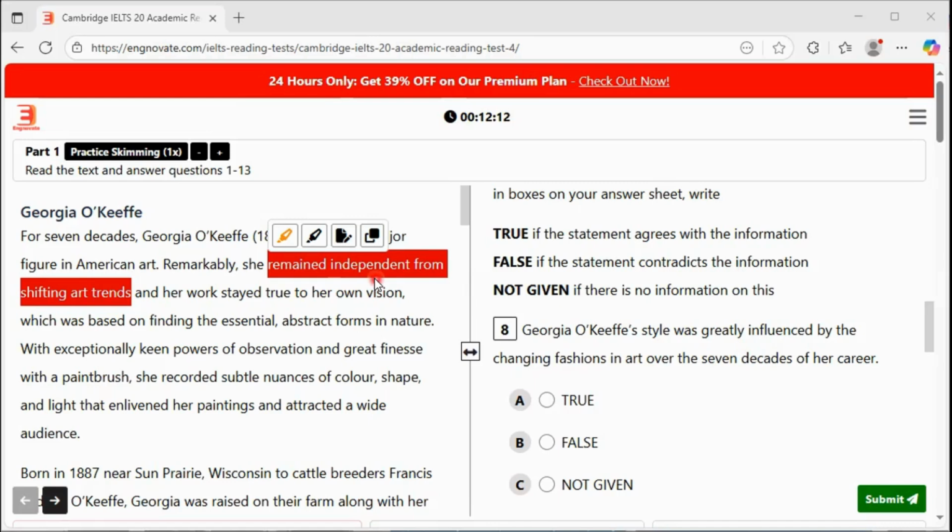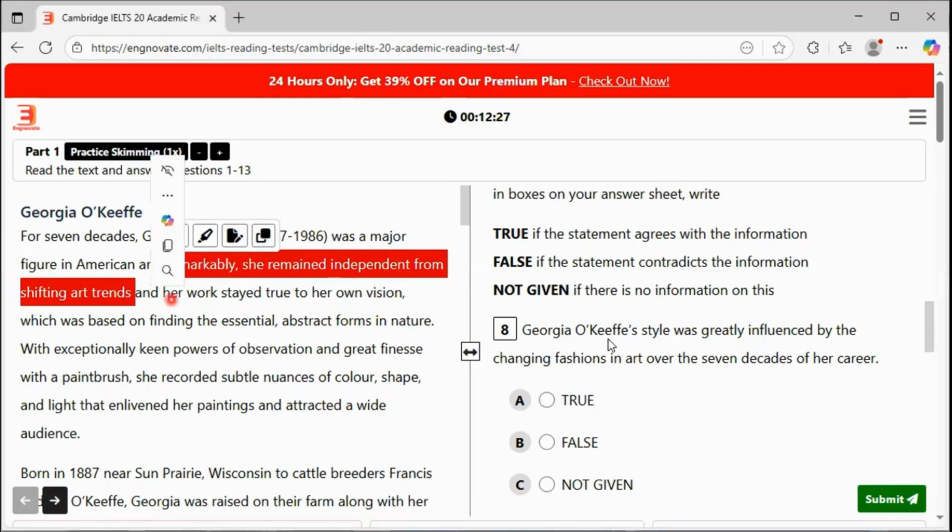If something is greatly influencing you, that means that you are dependent on that thing. But this passage is saying that she was independent from it. So this sentence here is the opposite of what we have in the statement. So our answer is going to be false. Number 8 is going to be what? The answer to number 8 is going to be false. I hope you get my point.